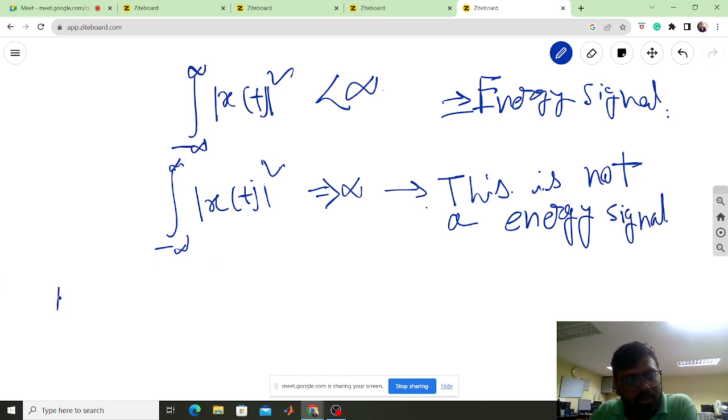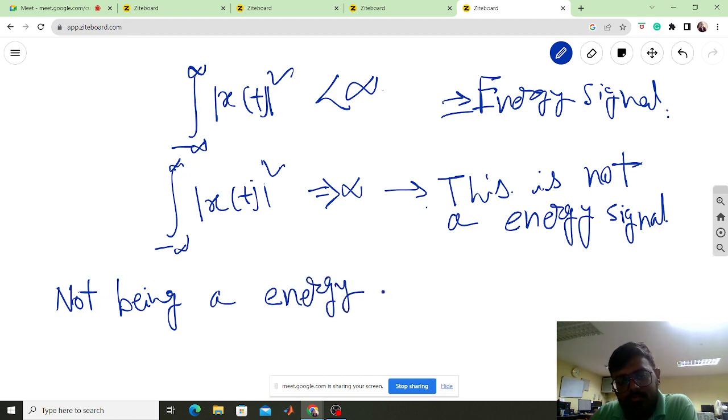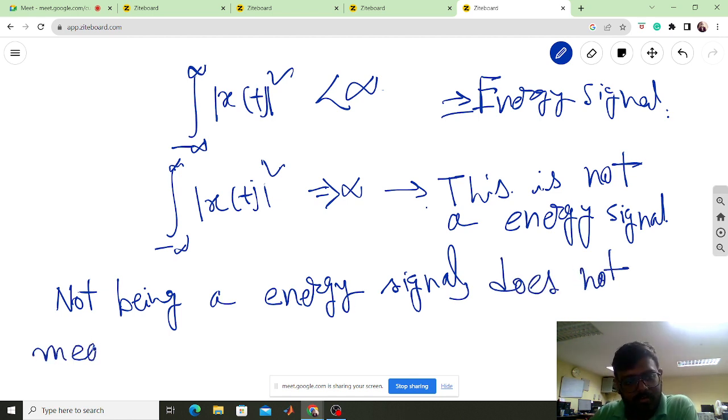But not being an energy signal does not mean the signal is a power signal.